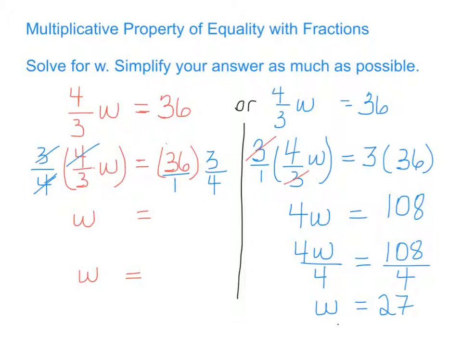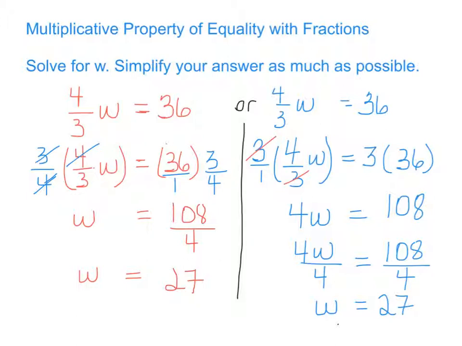On the right side, you're going to multiply 36 times 3, which will give you 108, and 1 times 4, which will give you 4. 108 divided by 4 is 27. So your answer is w is equal to 27.